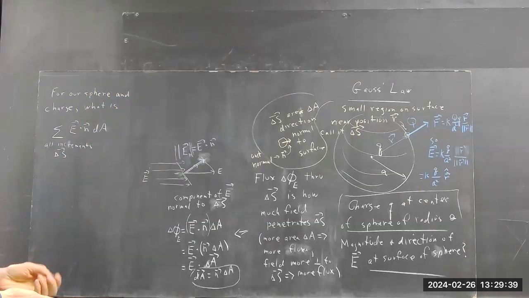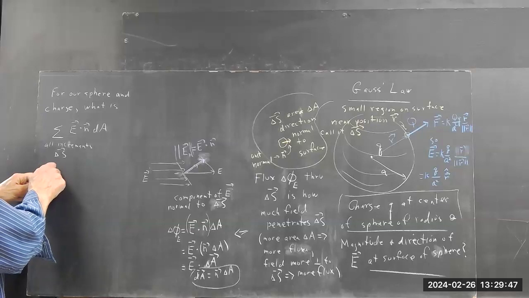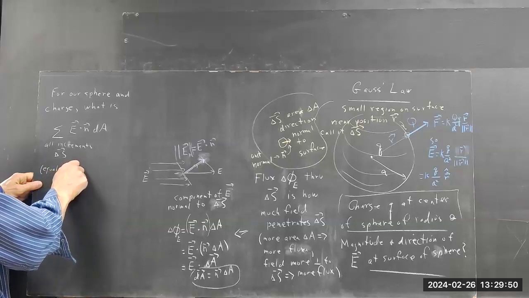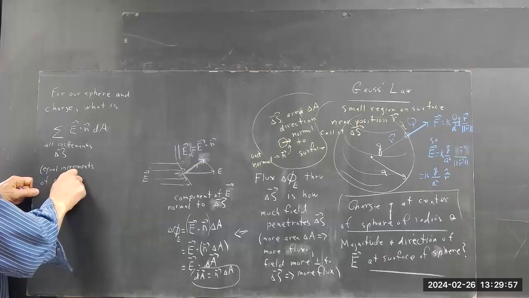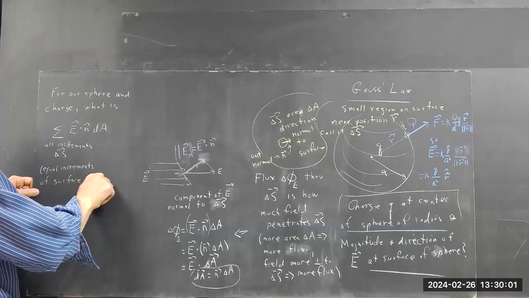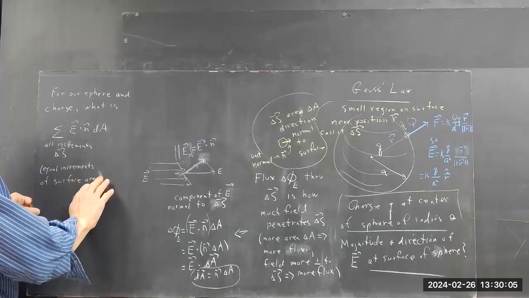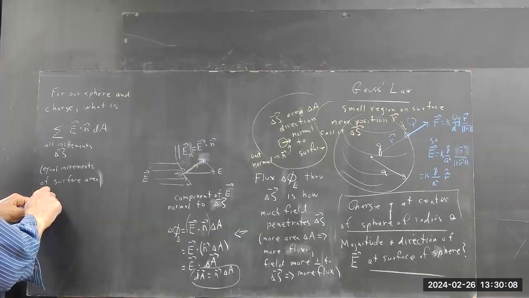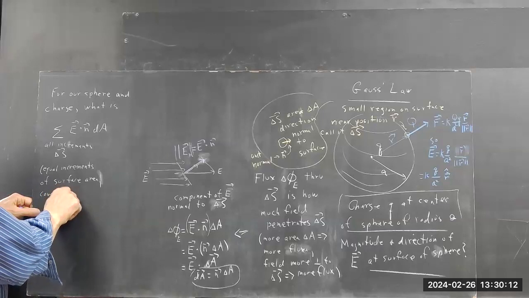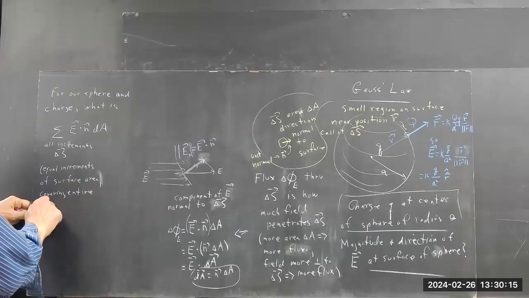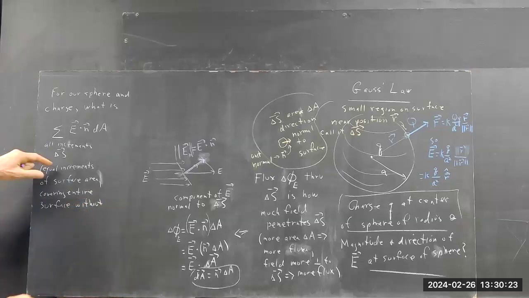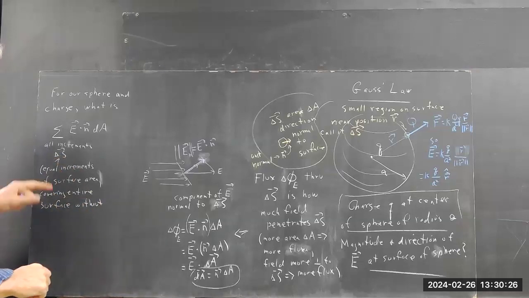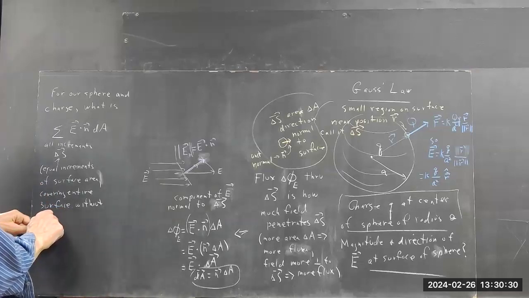What's this sum? Okay, so these would be equal increments of surface area covering the entire surface without overlap.